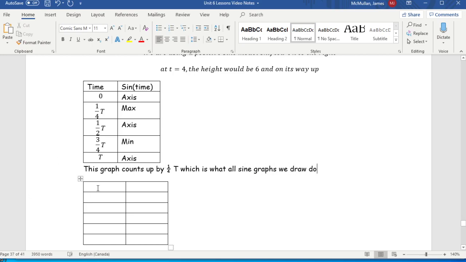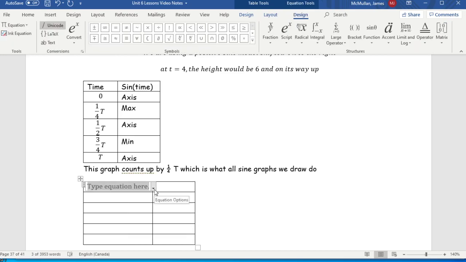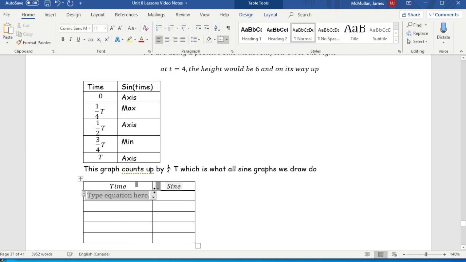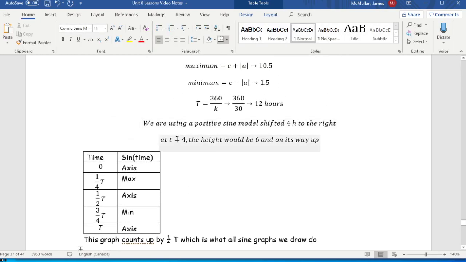Now, let's start with our idea here. In our situation, the time and then the value of sine. What's sine doing? Now ours doesn't start at 0. It starts at 4 because it was shifted over 4, right?